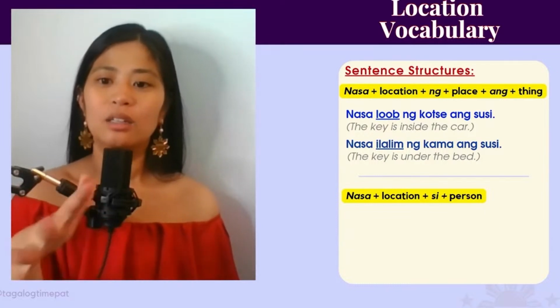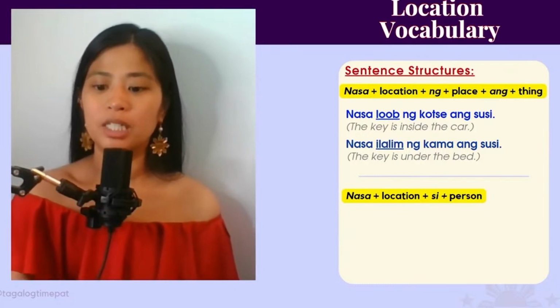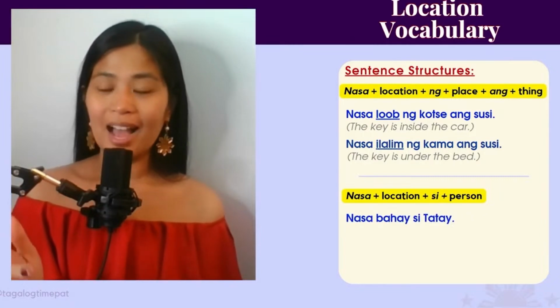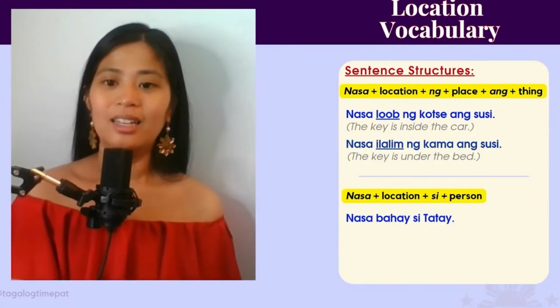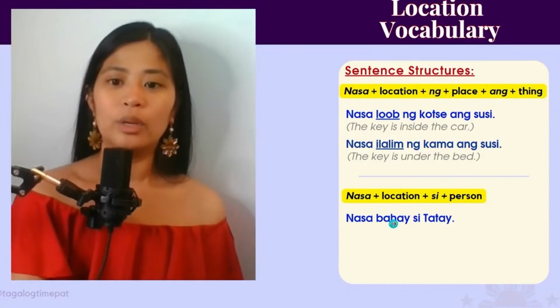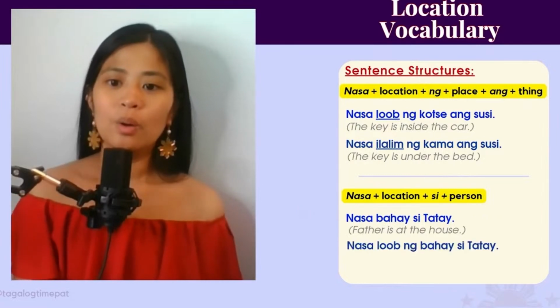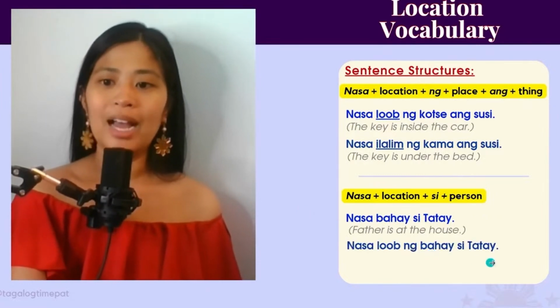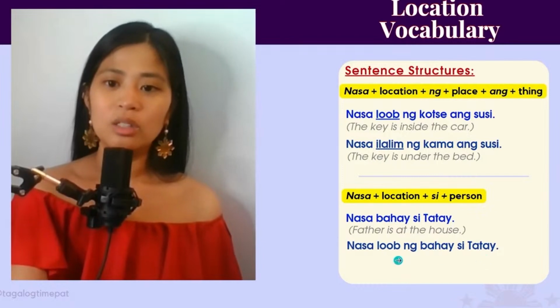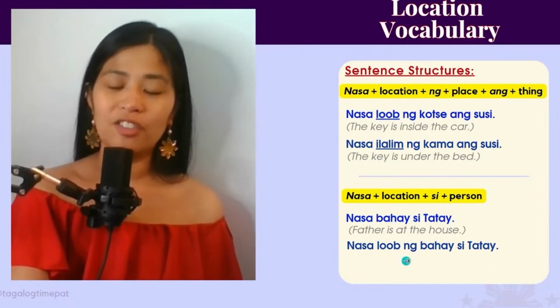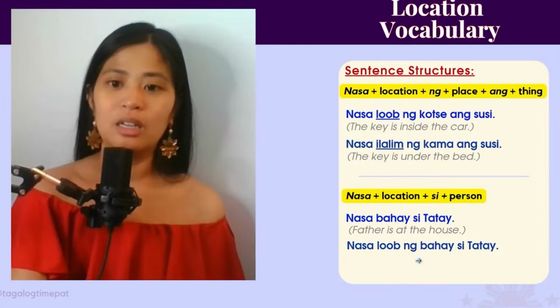Next, nasa, location plus si plus the person. So nasa bahay, si tatay. Nasa, and then the location is bahay, si, and then the person, si tatay. Father is at the house. Or nasa loob ng bahay, si tatay. So this one is just a little bit more specific of where the father is.